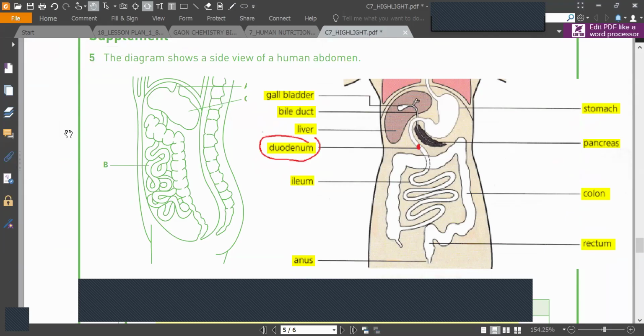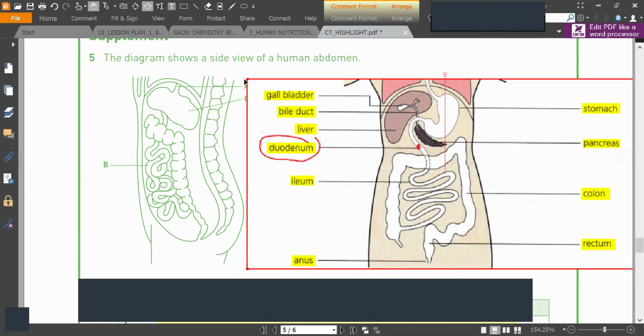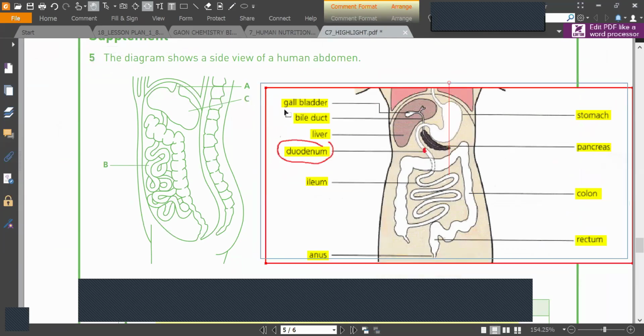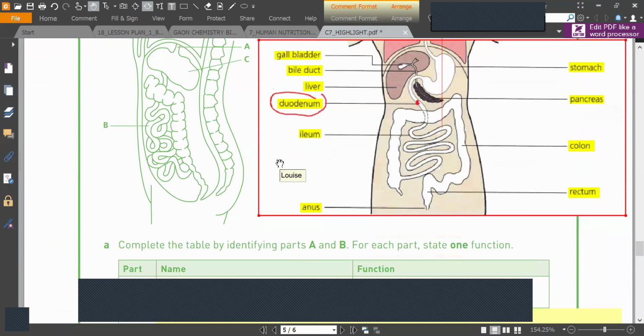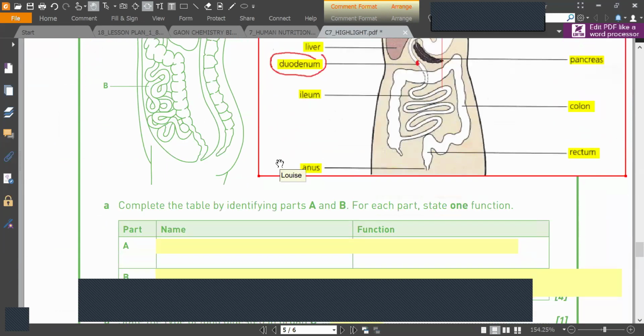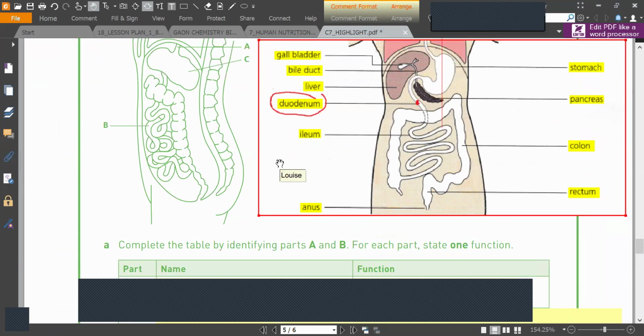So from the side view, we can identify the different parts as well. No problem. Complete and identify parts A and B.